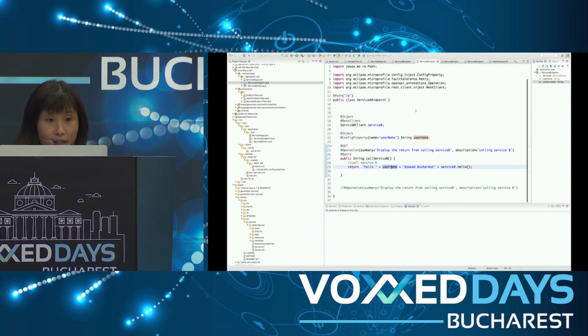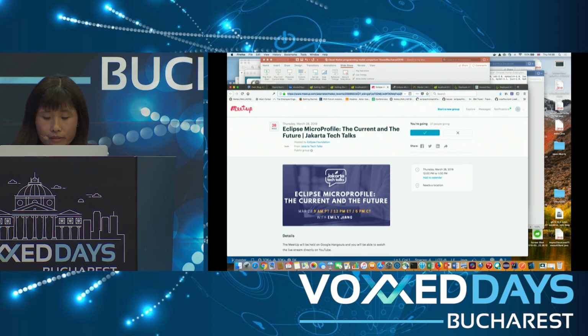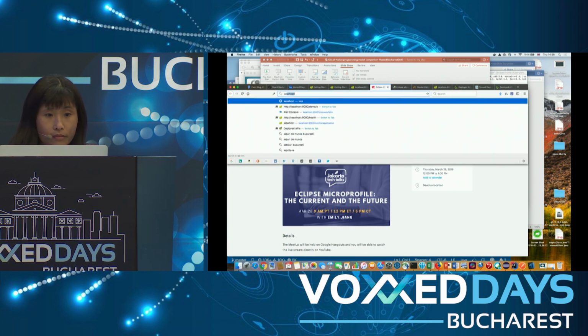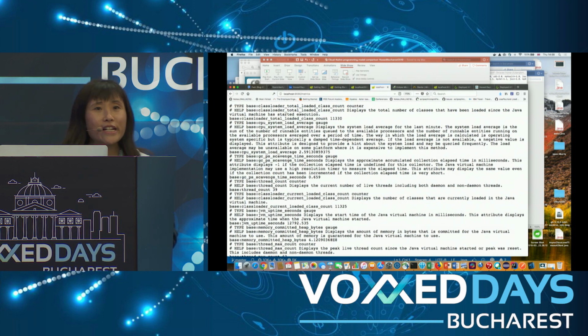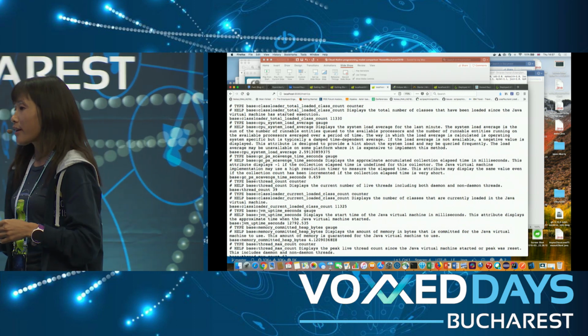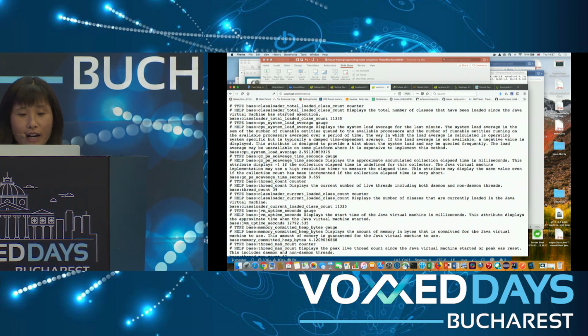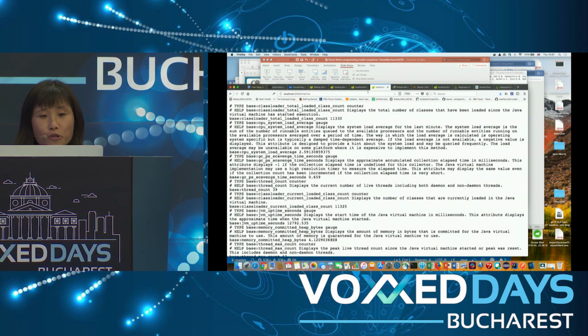For this microservice here, I know the endpoint is 9080 demo A. If I go to /metrics, it automatically gives me all the class loading information, memory usage, and so on. This is all automatically given without needing to do anything.